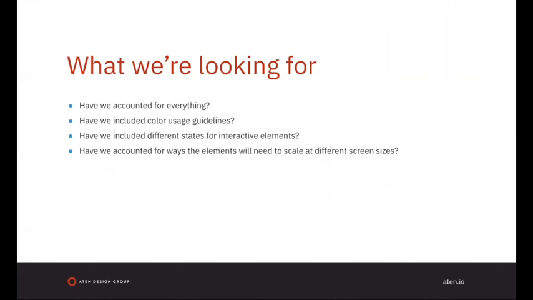We want to make sure that we've documented as much as we can to give the developers the tools they need to continue building on this design in the browser. Once development begins, our designers work closely with our QA specialists to identify key pages and sections to QA. The QA specialist will handle day-to-day QA of smaller elements and then bring the designer back in for larger design reviews.